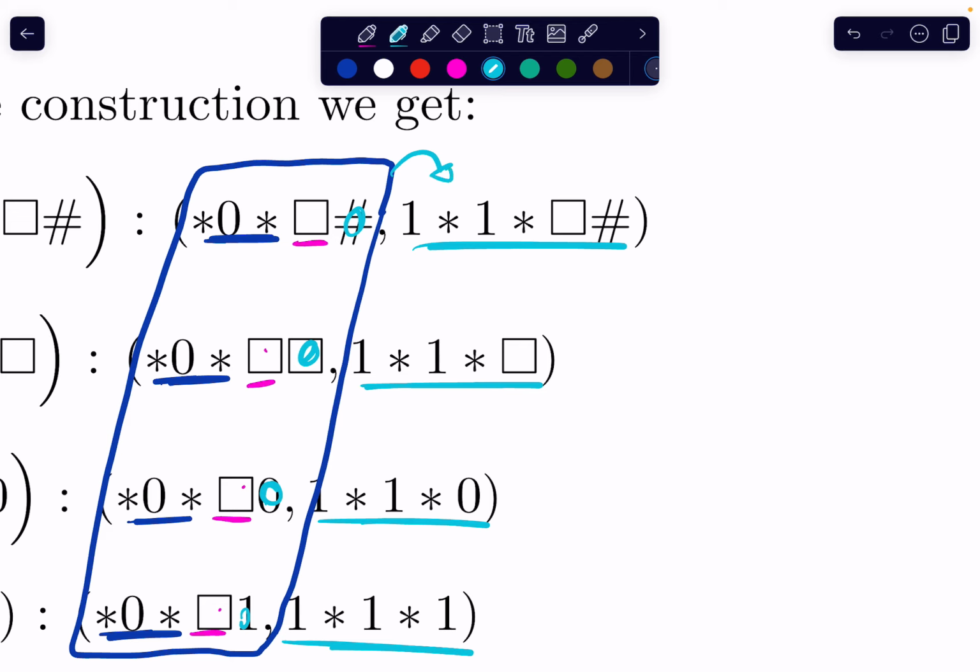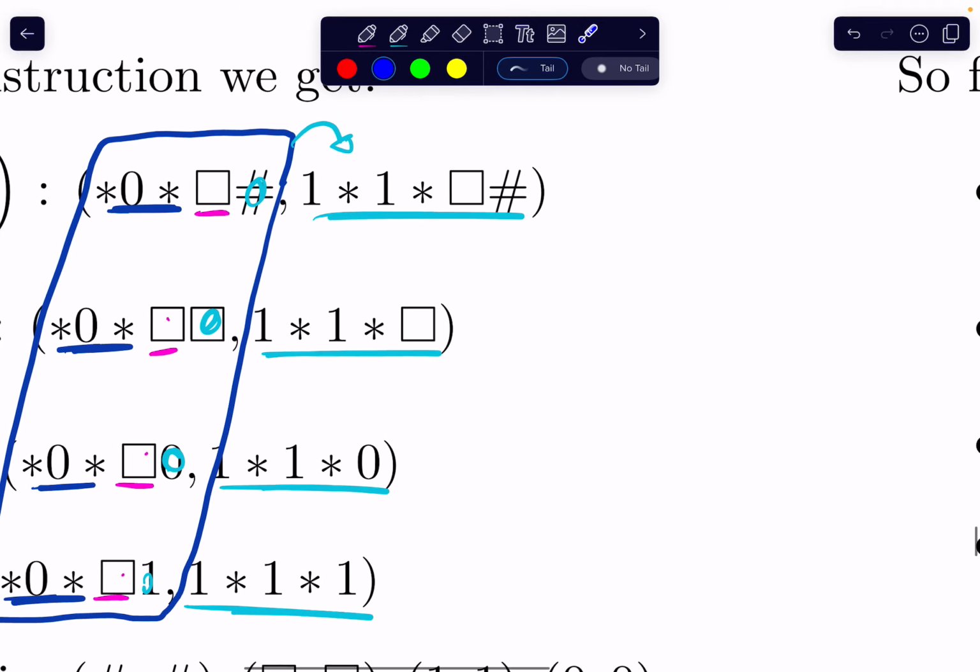So if I'm in state 0 and I read cube, I'm going to write a 1 on top of my cube, and I'm going to move to state 1, and that's it.